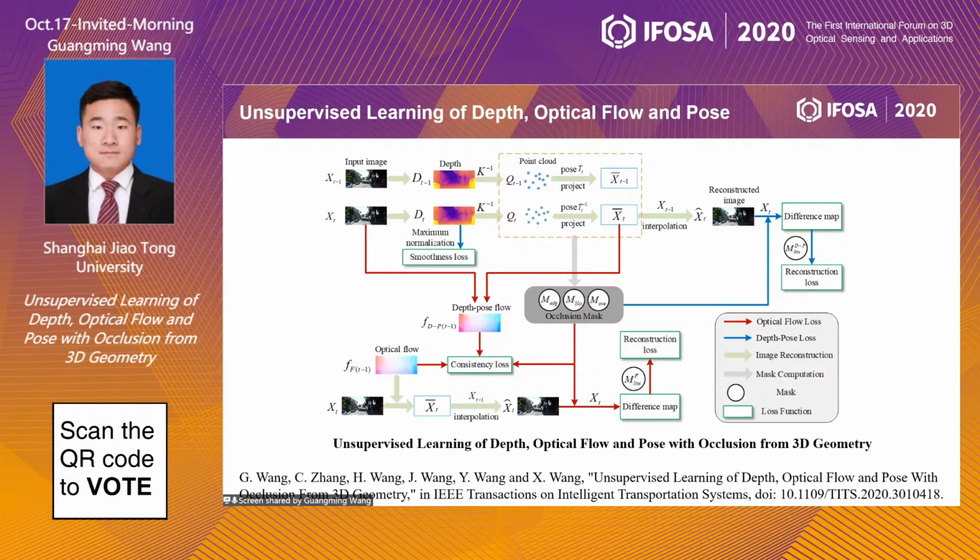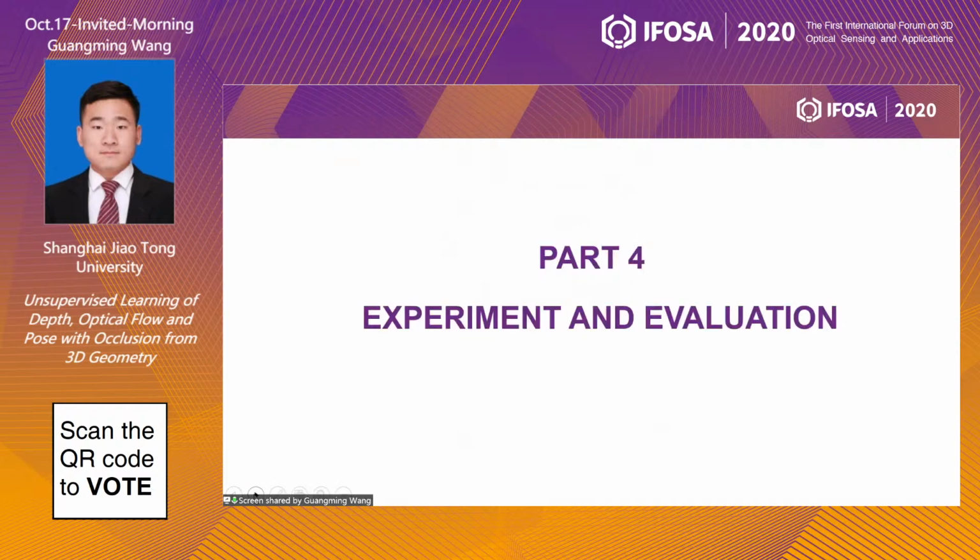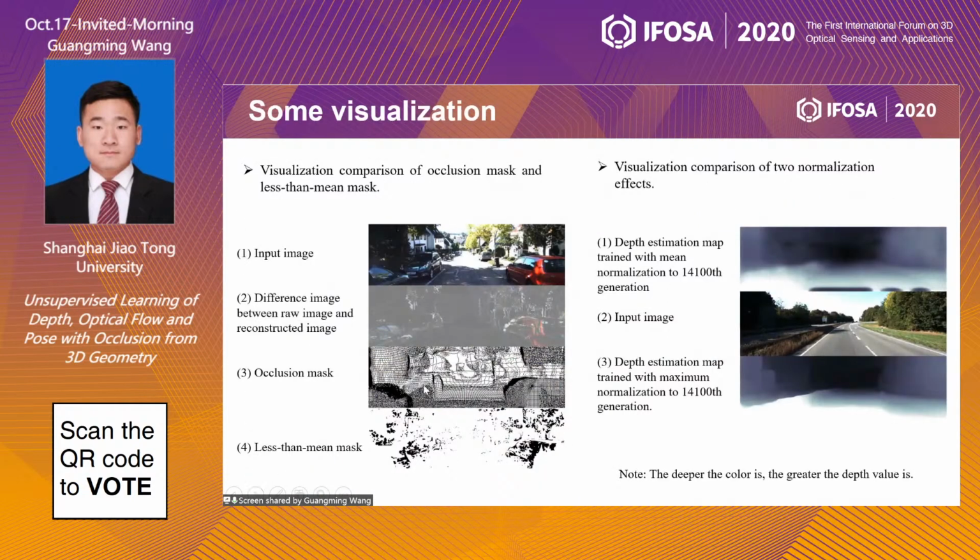I see. So for occlusion conditions, there are not many, right? So you can use a few masks. And the less-than-mean mask is fully automatic. Yeah, because it's quite straightforward.